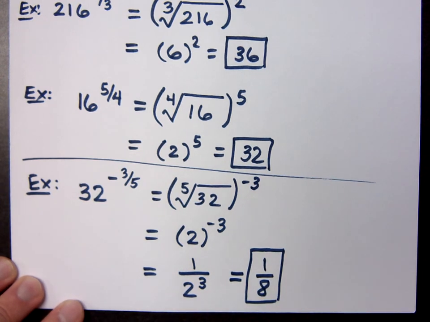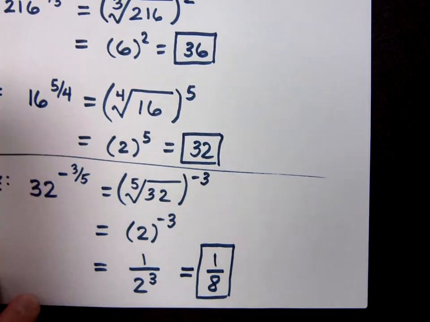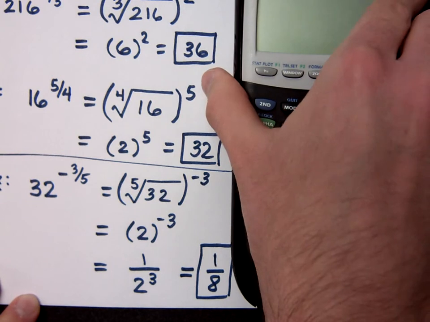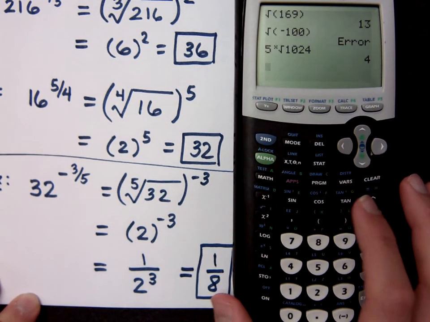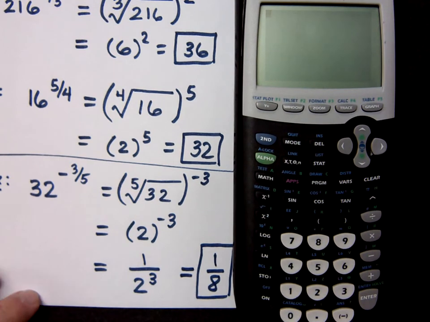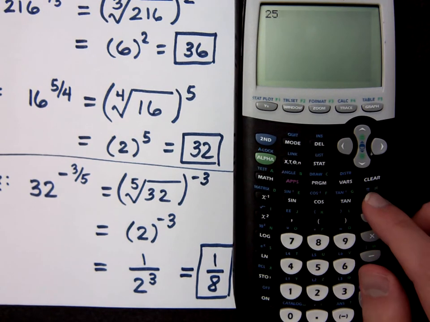You guys with me on that? Now, let me show you that you can do this on your graphing calculator. You can do exponents just like we've been doing them here. Here's your exponent button.